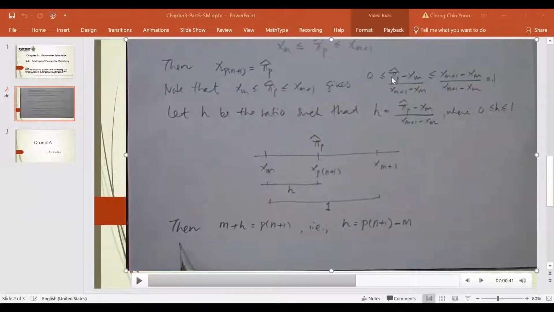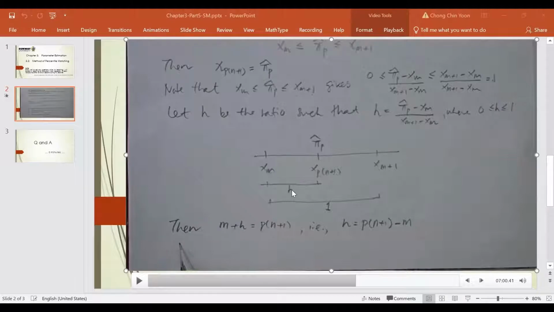If this is h, then from this h here you can see this ratio actually is equal to this length divided by this length. Right? So this diagram actually comes from here. You can see very obviously. This h equals this, and this can be reflected by the diagram. So I assume that the ratio of xm to xm plus 1 is 1. Then this must be h. Okay.